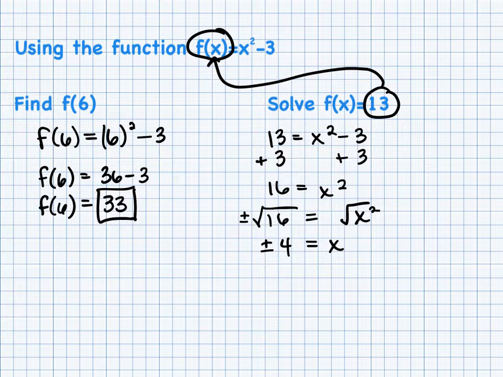However, if you were to just ask me what the square root of 16 is, it's just 4. The plus or minus part comes into play when we're solving, because x squared indicates that it can be both a positive and negative; squared is going to give you a positive number. So that's where those two answers come from.